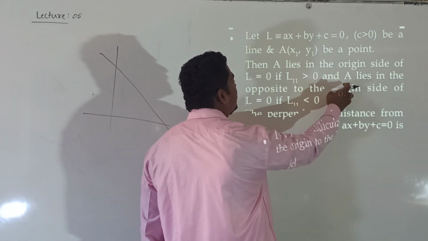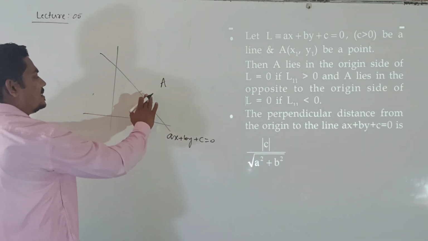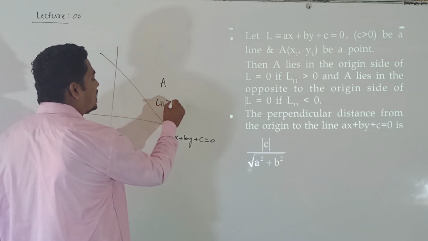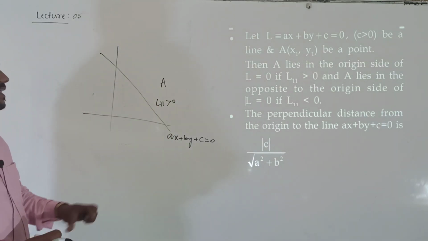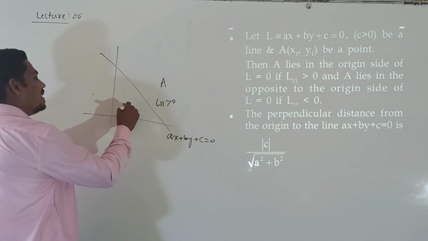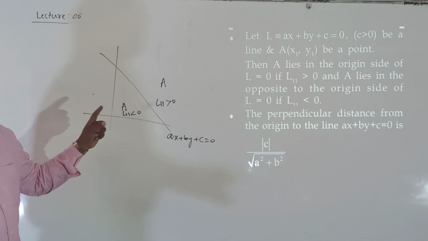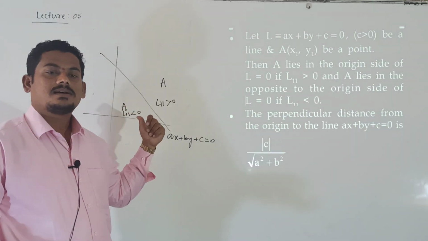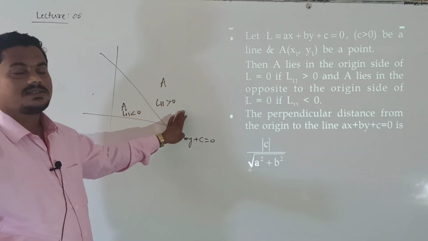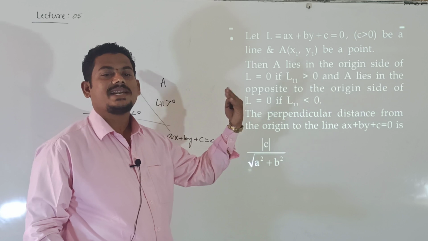If L11 is positive, then A lies on the opposite side of the origin.